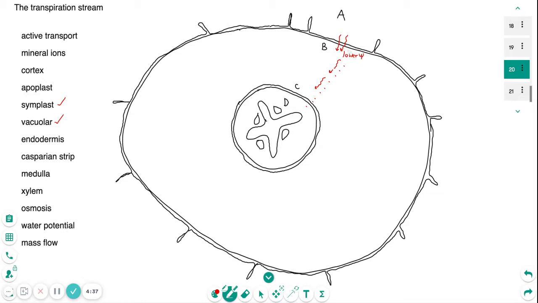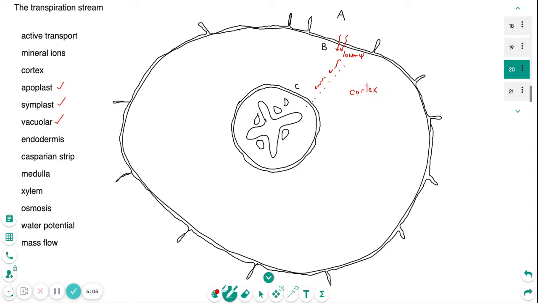And this type of movement of water is something we call mass flow. And this mass flow takes place in the apoplast pathway. So water's being pushed through the cell walls, or along the edges of the cell walls, all the way to the endodermis. So all this is happening in this region called the cortex.